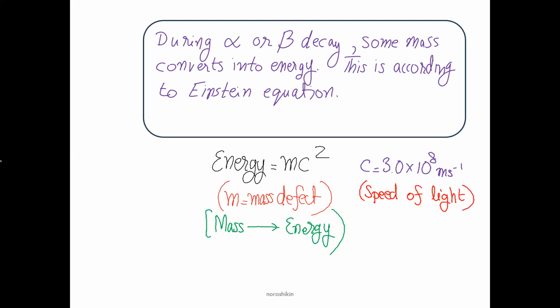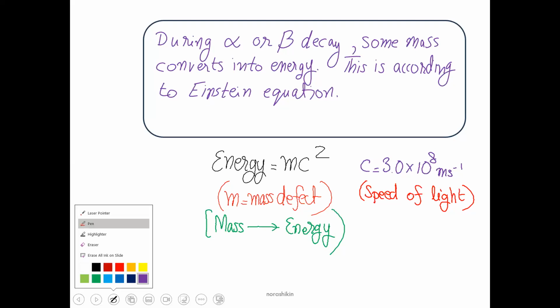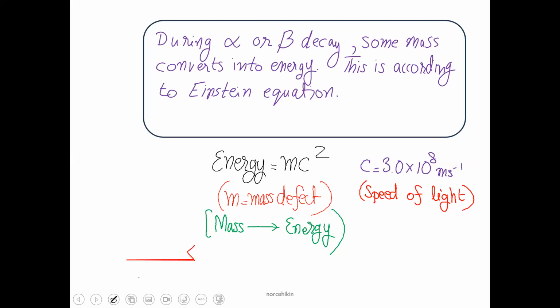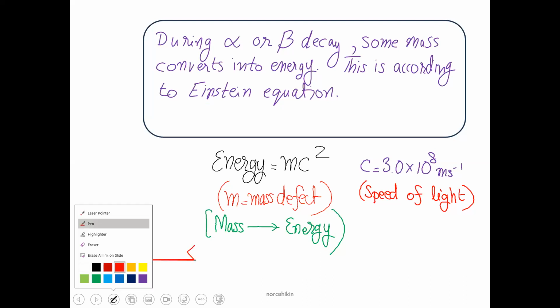This is the Einstein equation, and E is equal to mc squared. It's only symbolic. In the new course, no calculation is needed on this formula.